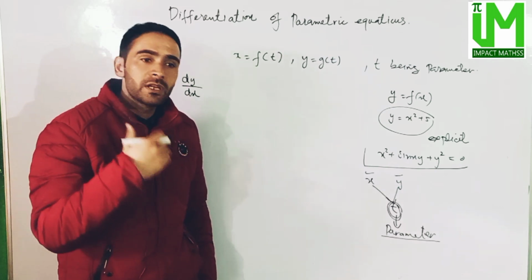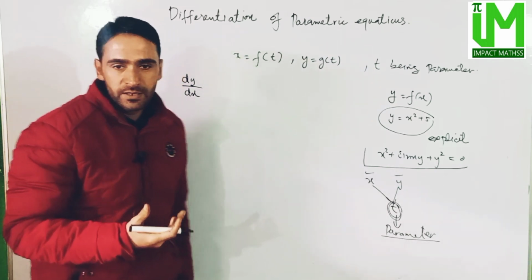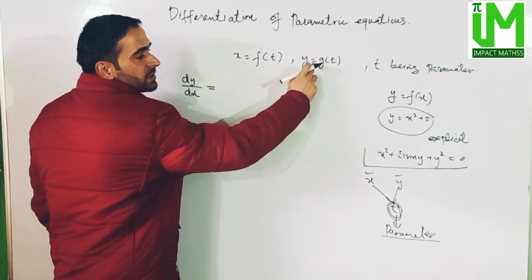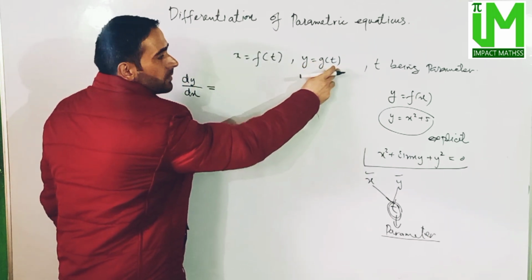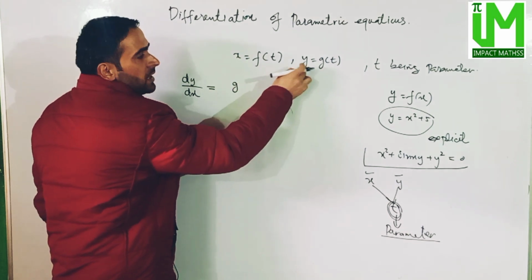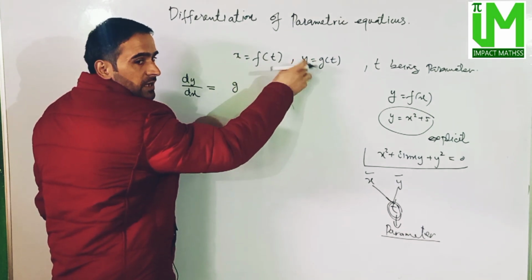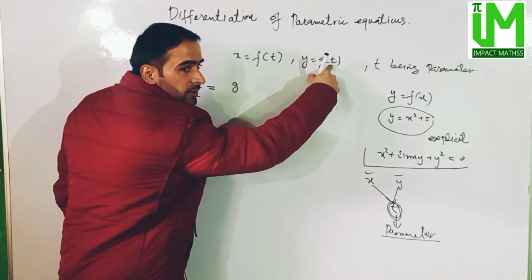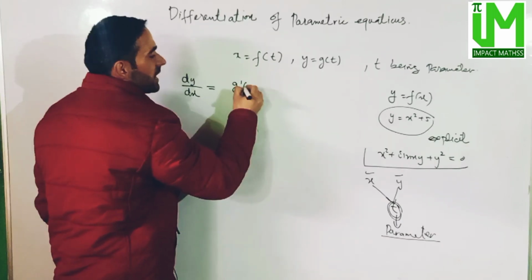Now the question is how to find dy by dx. We have dy by dx, but what is y? y is equal to g of t. So we will be differentiating both sides with respect to t, so it will be g dash of t.